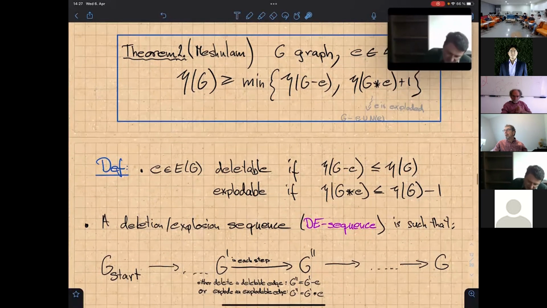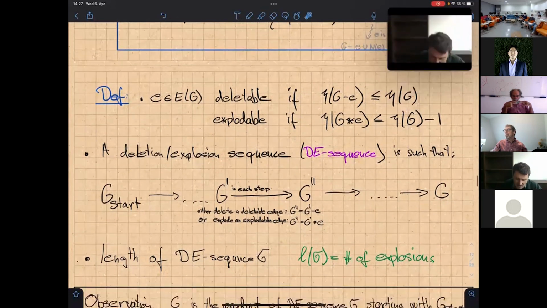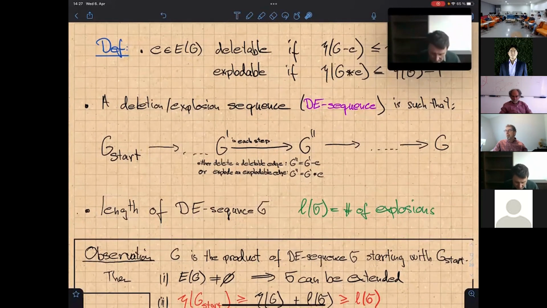Now, in such a sequence, you just do this starting from your original graph. In every step you delete or explode; one of them is possible. And at some point, you will have a graph with no edges. Then there are two cases.